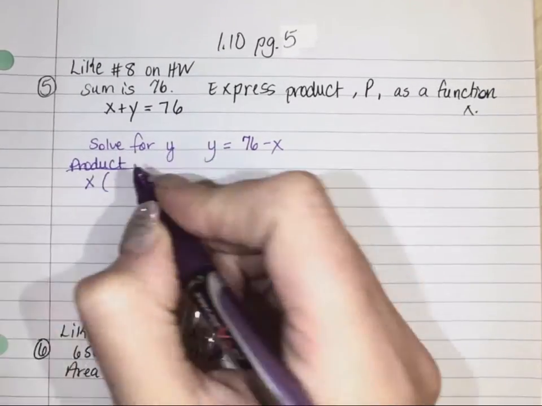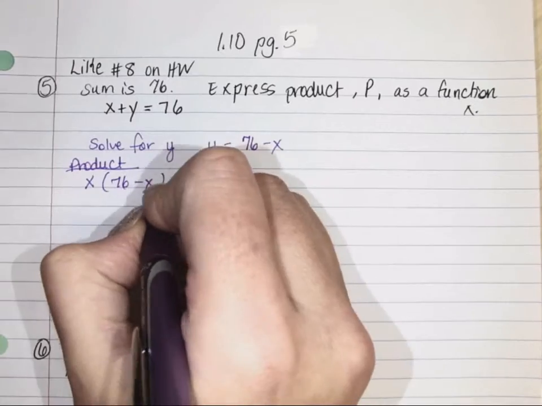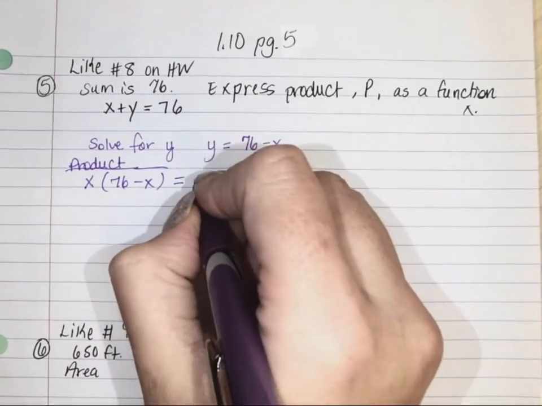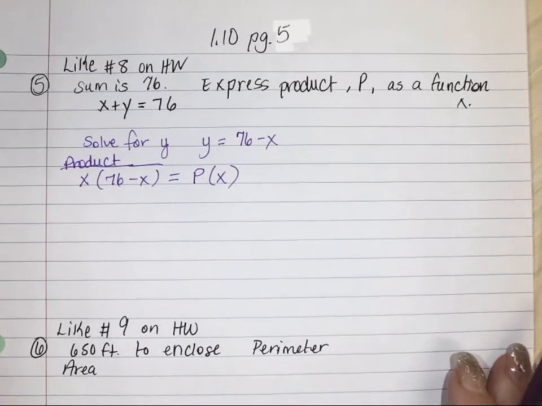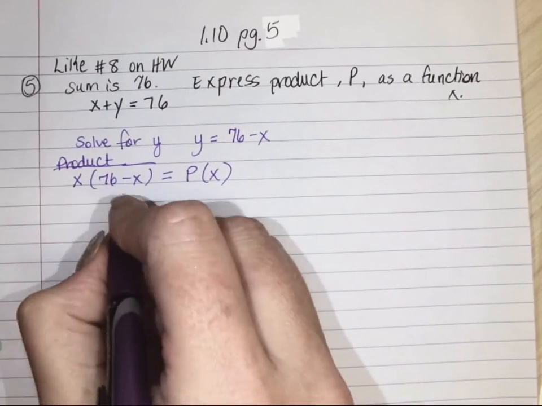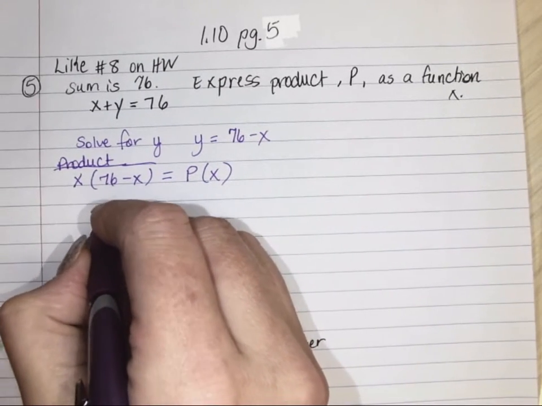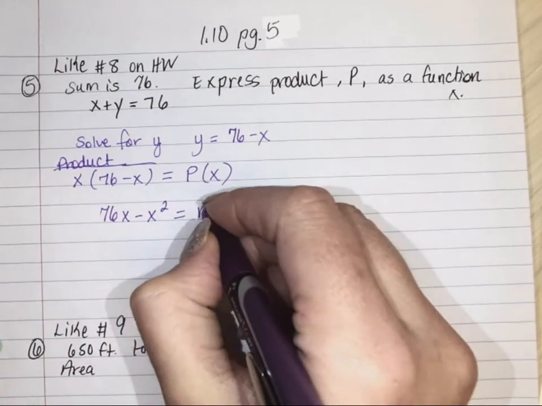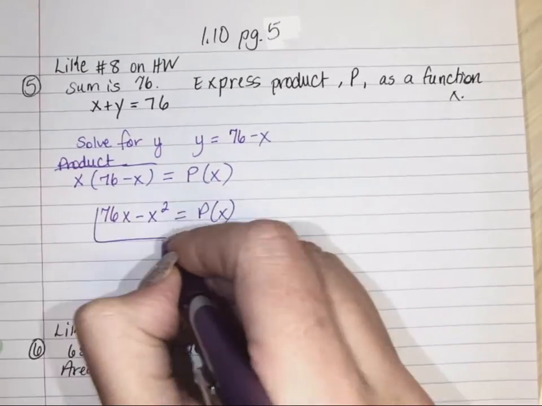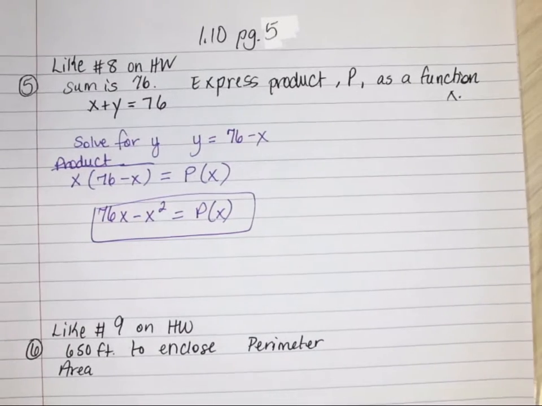So I say X times 76 minus X, and that's equal to P of X. That was the product as a function of X. And then they go further and actually distribute. So you'll have 76X minus X squared is your product as a function of X.